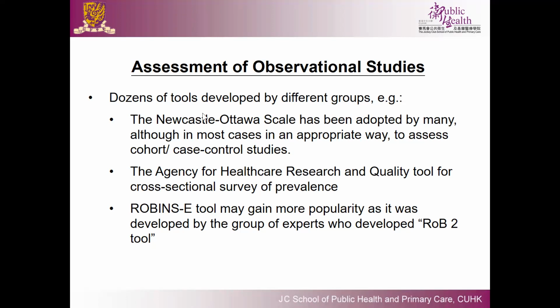But in recent years, there is another tool which I think may gain more popularity, the so-called ROBINS-E, which was developed by the group of experts who developed ROB2, risk of bias 2. Because this tool was developed by these people, I think in the future it will gain more popularity.